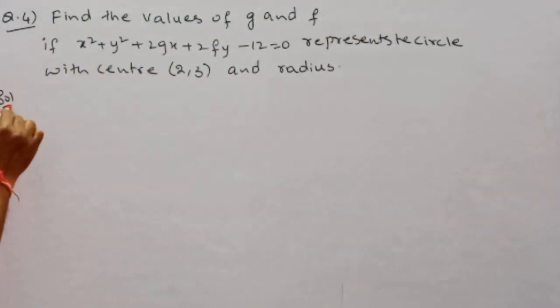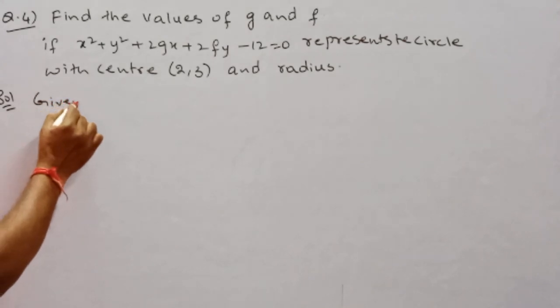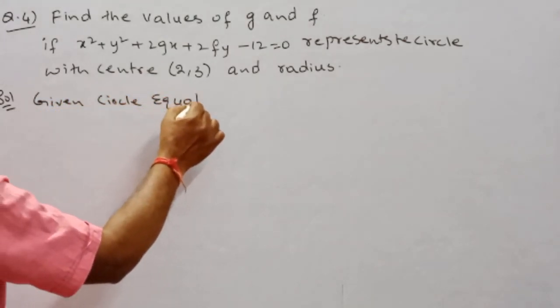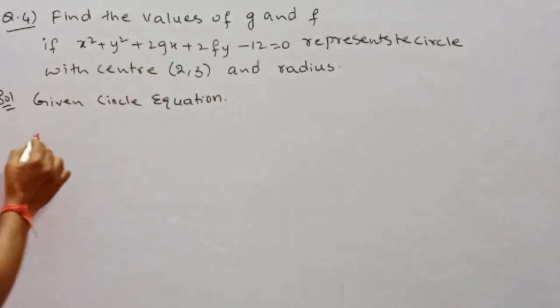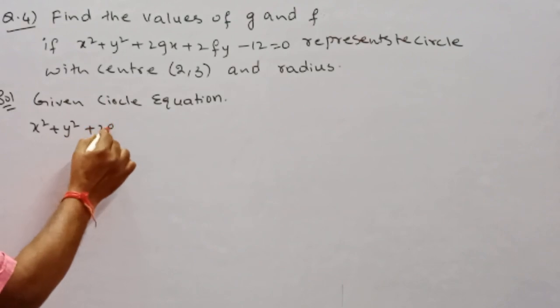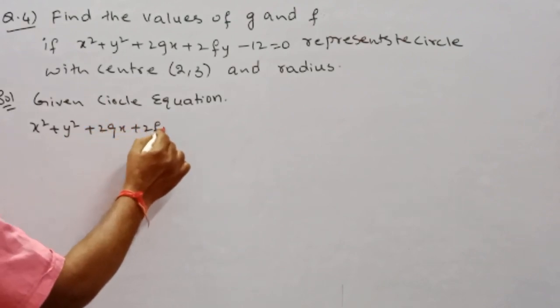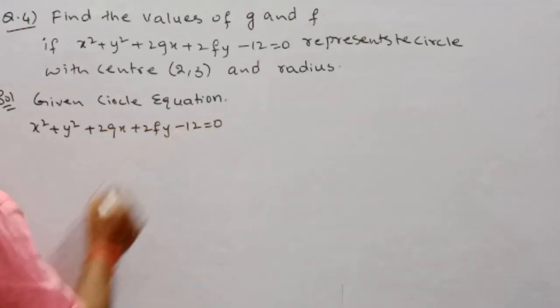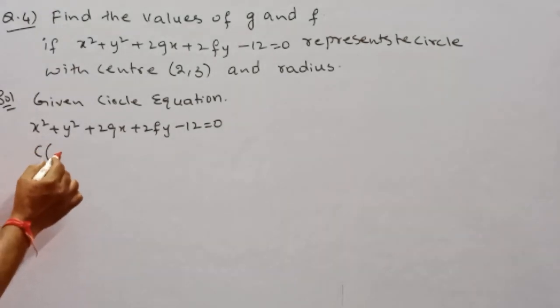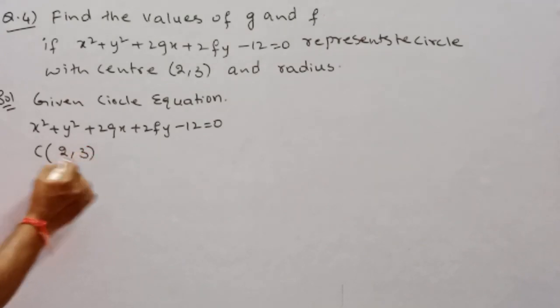Here the given circle equation is x square plus y square plus 2gx plus 2fy minus 12 equal to 0. The center of the circle is given as 2 comma 3.